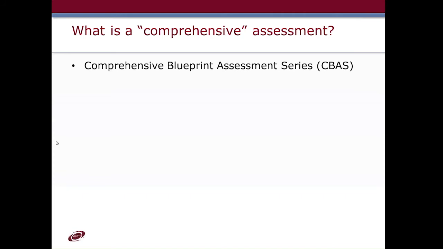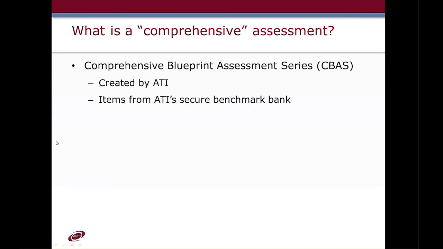And the comprehensive blueprint means it will be aligned to your state summative. It is created by ATI, of course, from items in our secure benchmark library. We will have benchmark items that you will never see on any classroom tests that you may create for your classrooms.